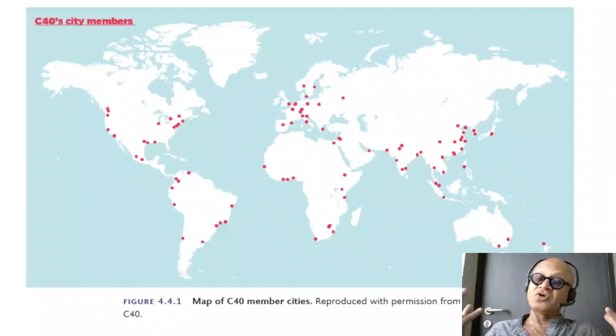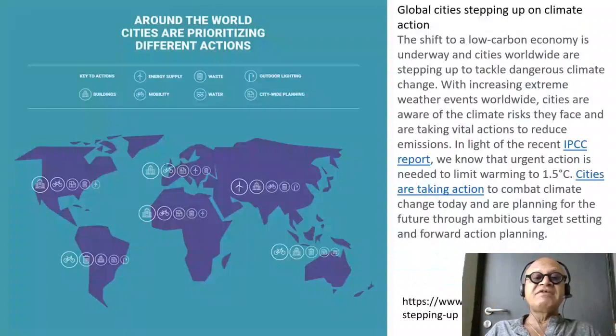Okay, so are we certainly headed in the right direction? In many ways, yes, but obviously much more needs to be done. Here around the world, cities are prioritizing different actions.